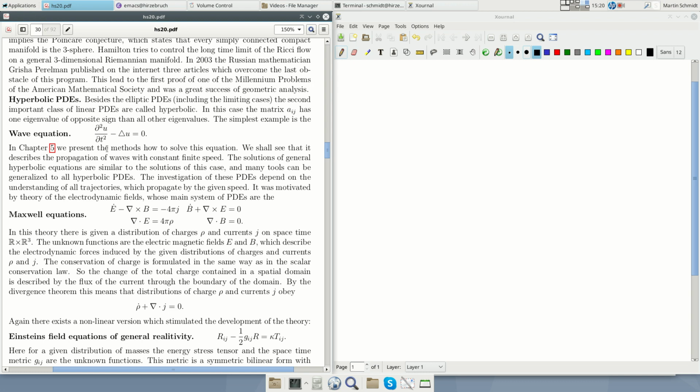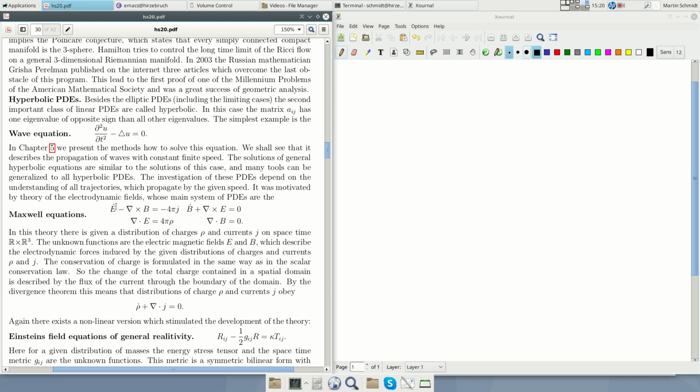In this situation, it's exactly the trajectories of fixed constant speed, and then by understanding these trajectories we can combine them to obtain the solution. And this wave equation we shall treat in chapter 5, our last chapter.